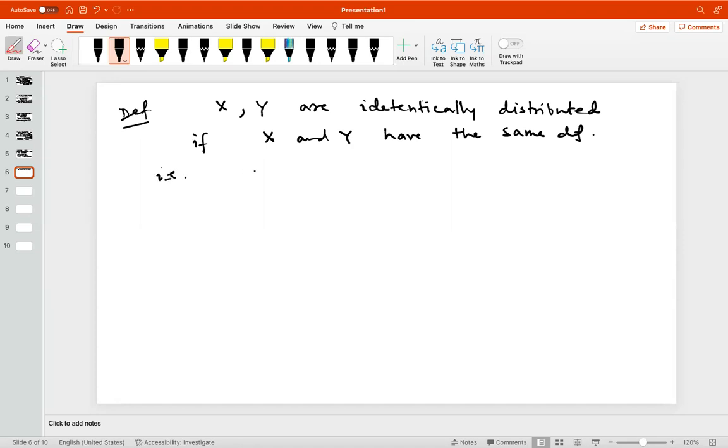That is, the distribution function of x is same as distribution function of y, for every value of x.